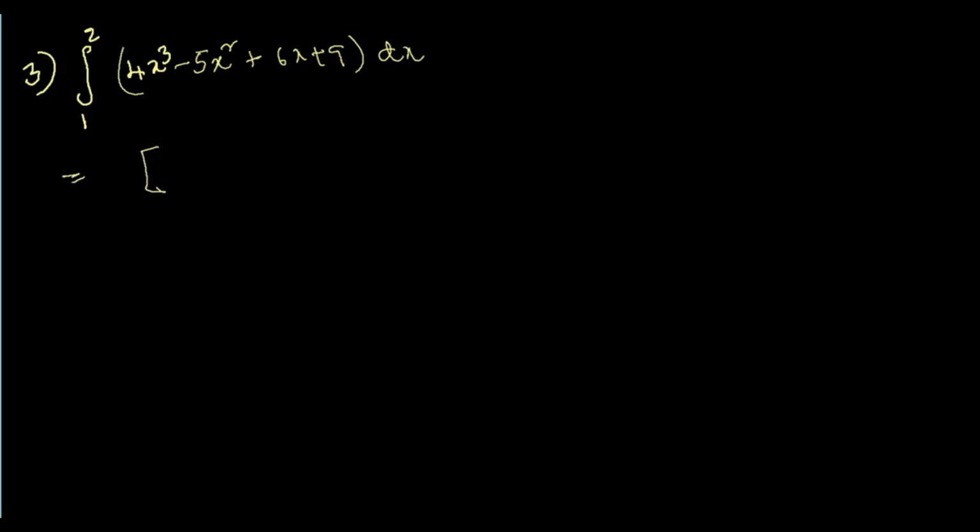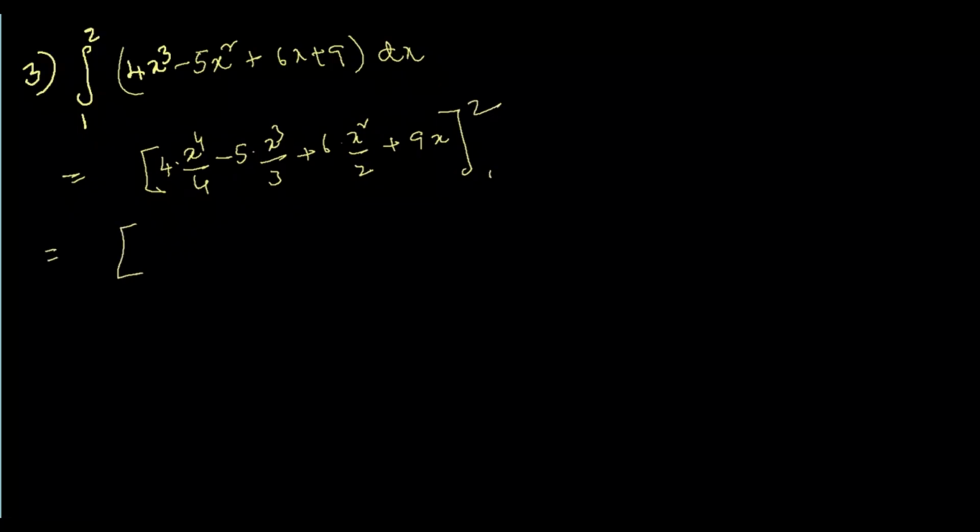We get 4 times x power 4 by 4 minus 5 times x cubed by 3 plus 6 times x squared by 2 plus 9 times x, limits 1 to 2.